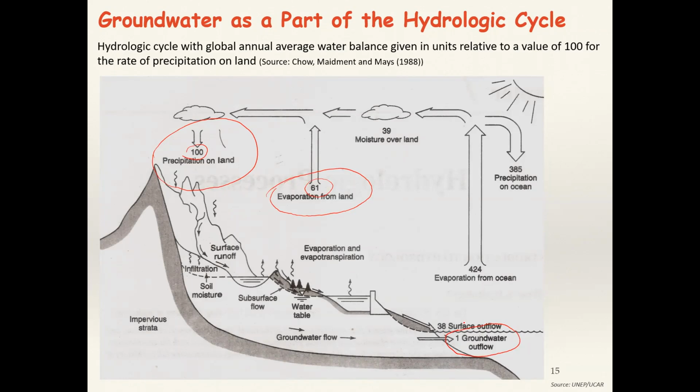If you compare it with the 38% of surface runoff, the reason it is so small is that groundwater flow, compared with surface water flow, is very, very small. Groundwater velocity is very small. That is why, in fact, it is acting as a groundwater resource, right?